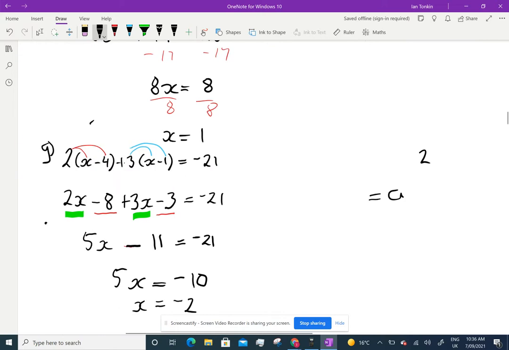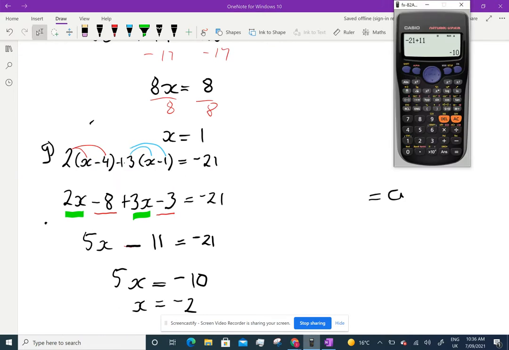This is probably a very important one to check on our calculator. So what do we got? Let's clear all that. 2. I don't think I need the times between the brackets. I think the calculator understands that. Now I've got negative 2 minus 4 plus 3 bracket negative 2 minus 1.